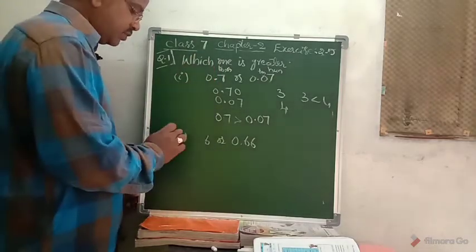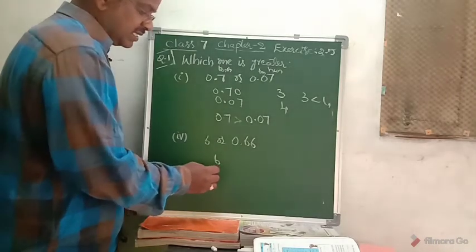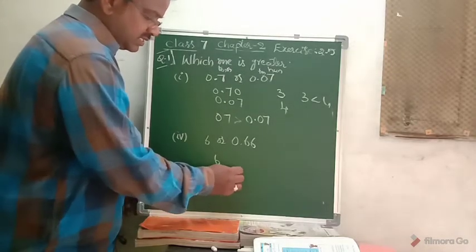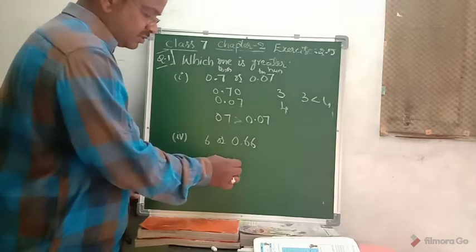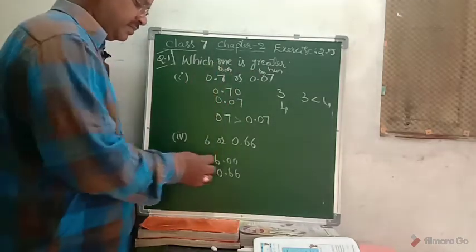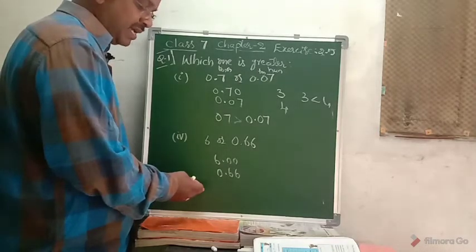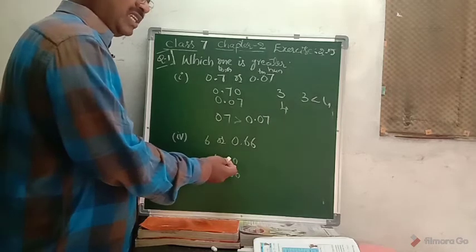Now the next one, which is the fourth, I think: 6 and 0.66. 6 means 6.0000. Now compare them. First of all, we compare the whole number parts. If it is not clear there, we go to the tenth place.